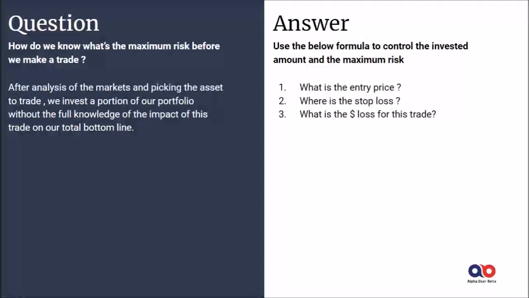What is the entry price of the order that you're about to issue? Where is the stop loss? Okay, this entails that every order that you send to the broker is actually two orders. One is to buy or sell, and the other one is the stop loss.